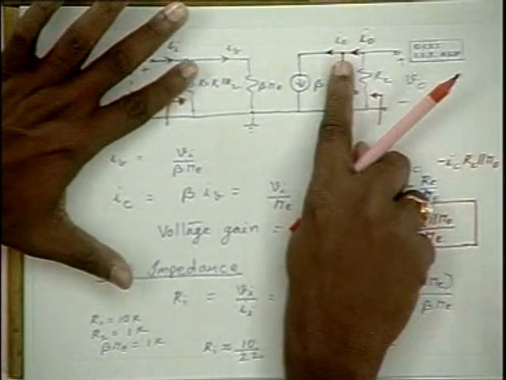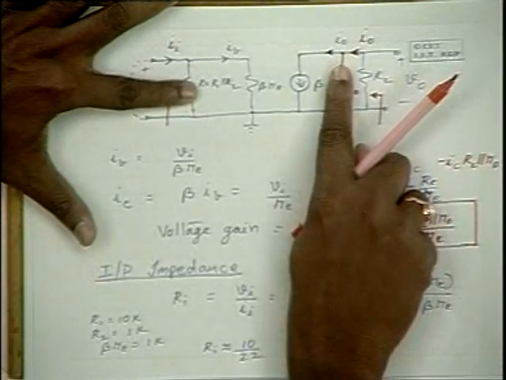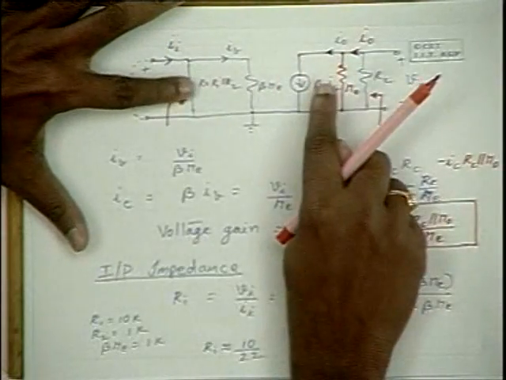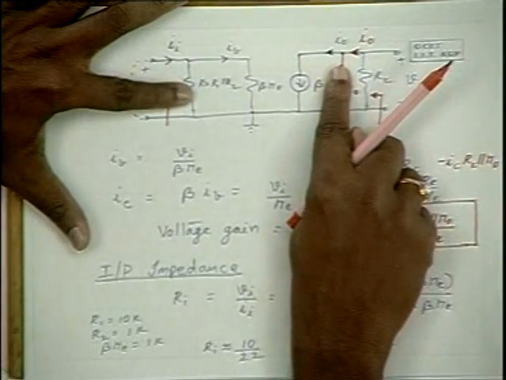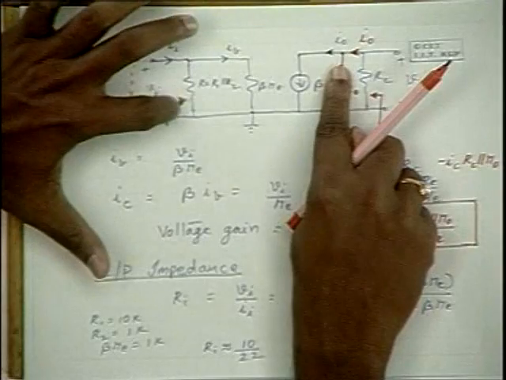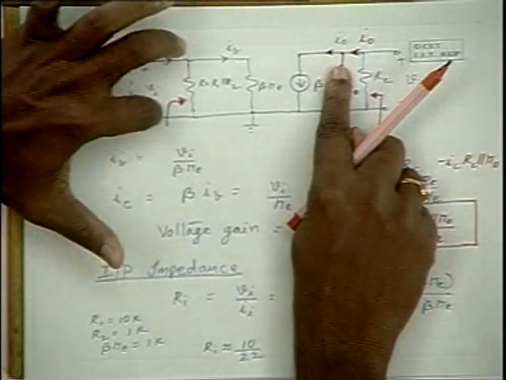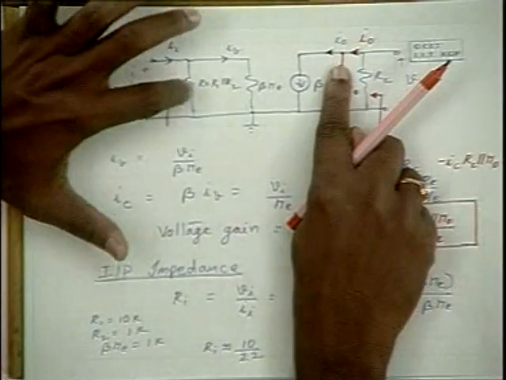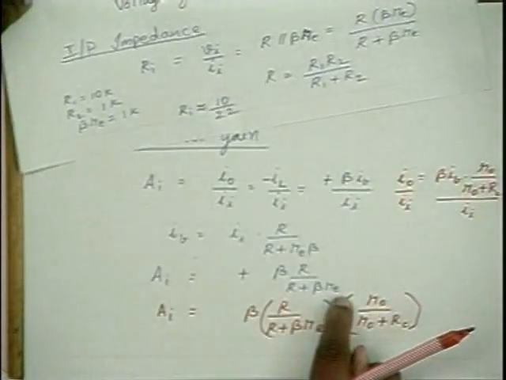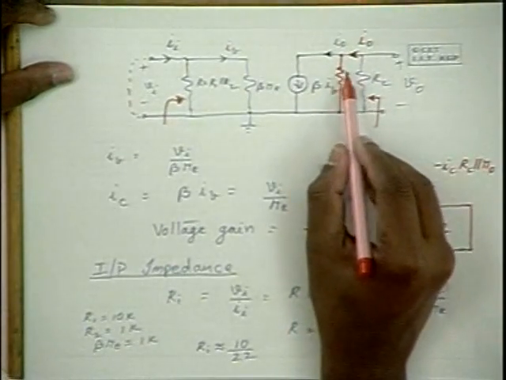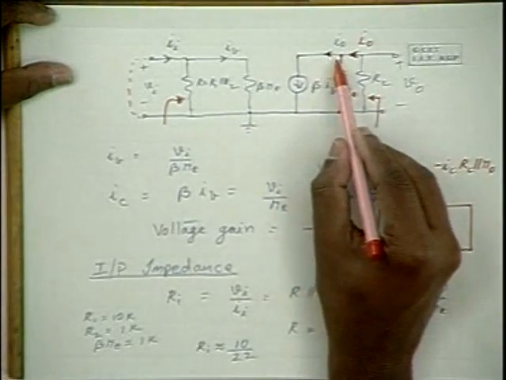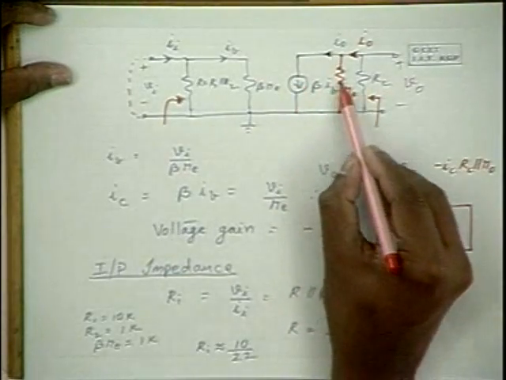So let me explain this once again. When these two resistances are absent, the current gain of the amplifier circuit is equivalent to that of the transistor, that is beta itself. When this is introduced, there is a division of the current on the input side, because of which we got this expression R by R plus beta RE. Now, because of the introduction of R naught, we have another division of this current through R naught and RC.